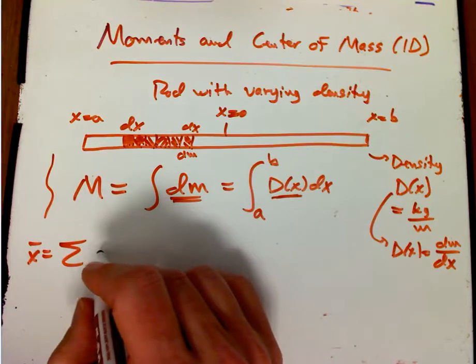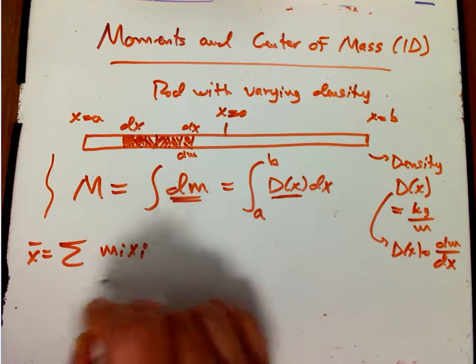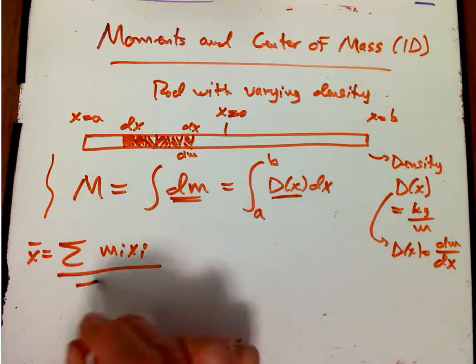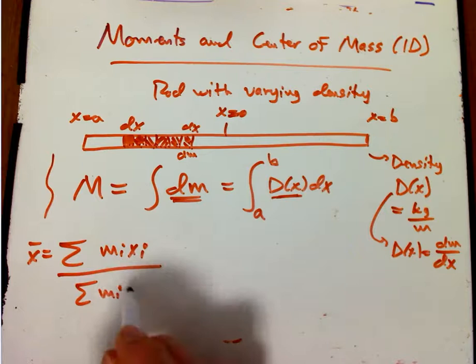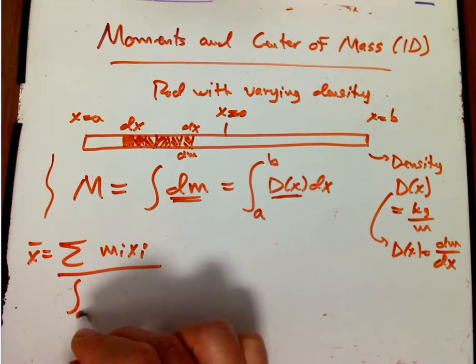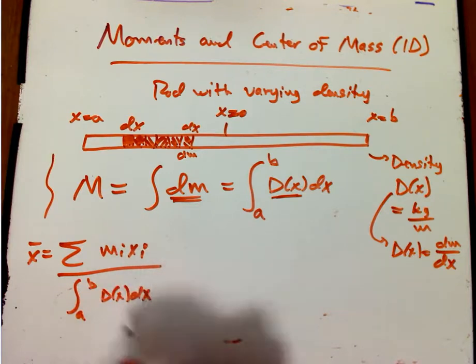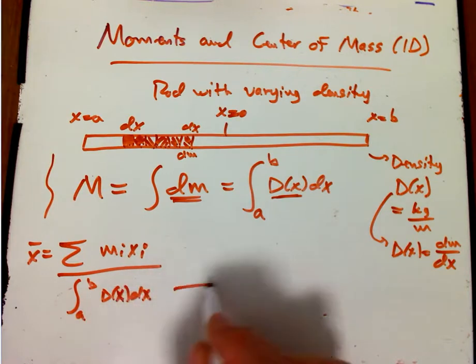That was the sum of m_i x_i over, what was it? It was the sum of the little bits of mass. That's exactly the total mass, so that's going to be the integral of d of x dx. That's nothing more nor less than the total mass.